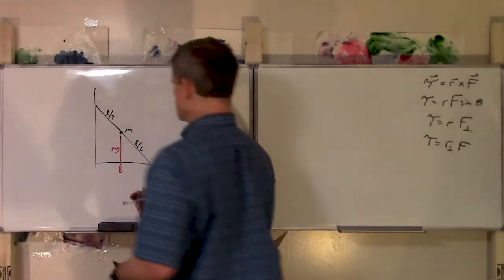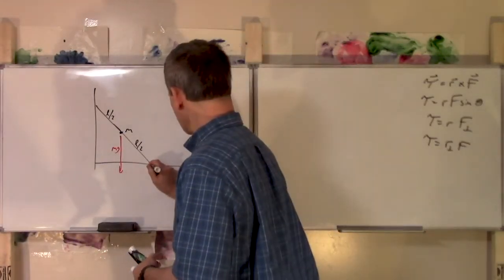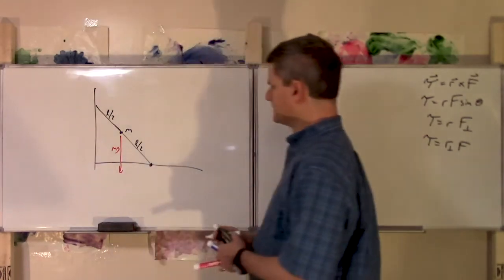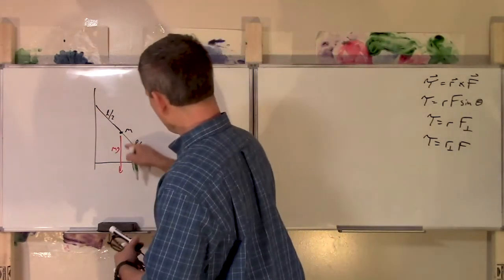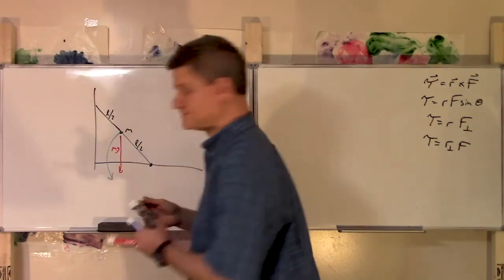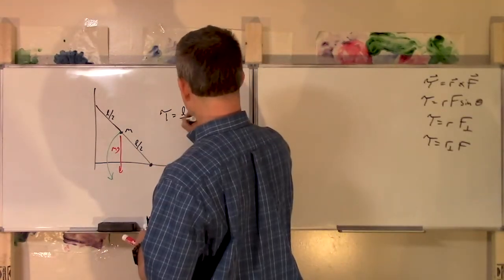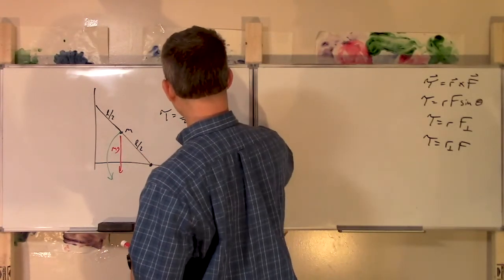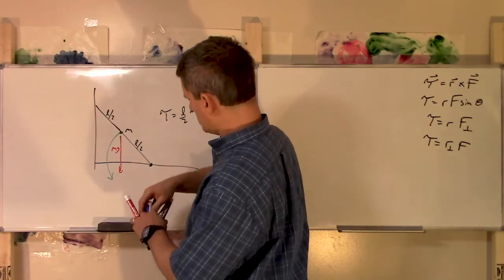We'll go through the problem later, but if this is our pivot point, then we're considering how this force causes a torque around that pivot point. So the torque is R, which is L over 2, times mg, times sine of the angle. And again, that's going to be this whole big angle here.